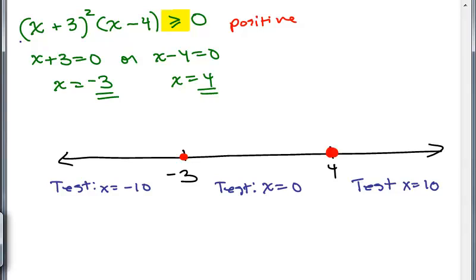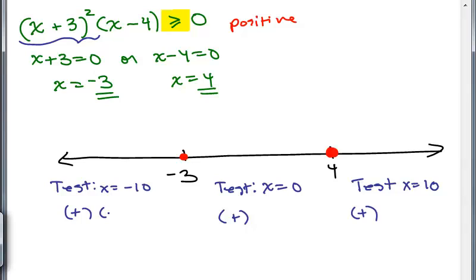But this part right here is always positive, so really what matters, right? We know that's going to be positive in any case no matter what, after we plug a number in for x and we square it. So really what matters is this other factor, x minus 4.